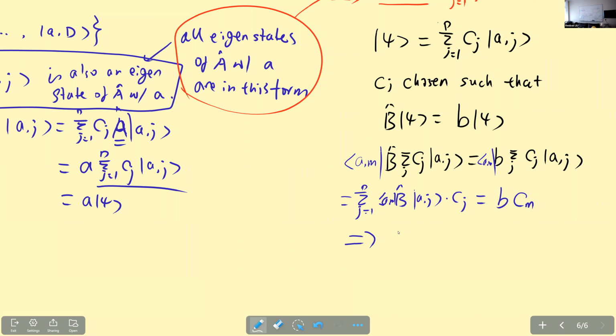And this immediately becomes something like Bmj and Cj, summed over j equal to 1 to d, equals B times Cm.